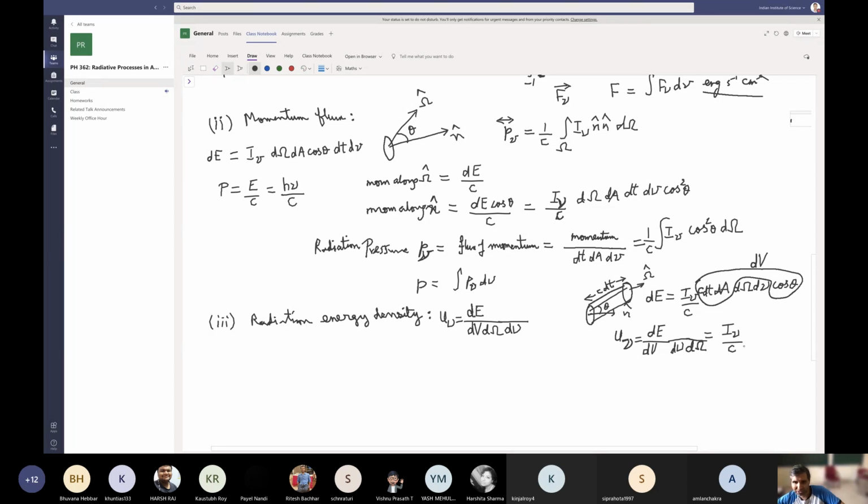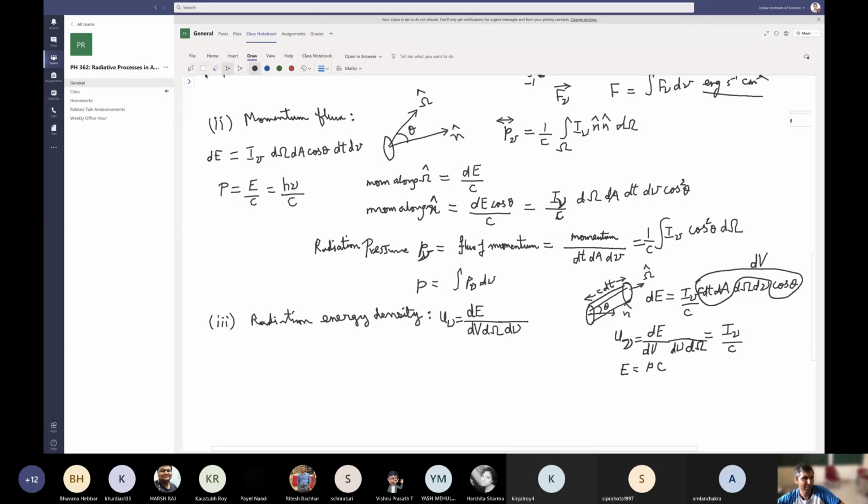So this is actually very reminiscent, if you recall, of E equals pc. So this is like energy, and it's energy per unit volume, and that's sort of like a momentum flux.